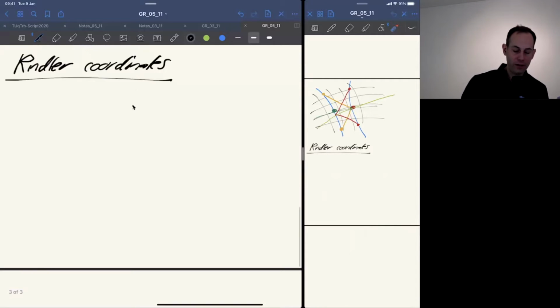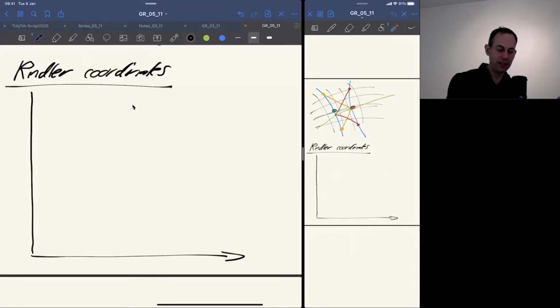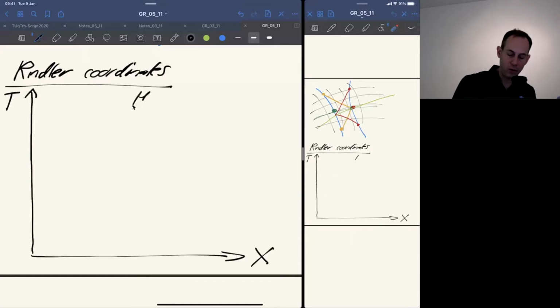So as I said, we are in flat space-time now, or back in flat space-time. In particular, as we have seen last time, we have a nice coordinate system, namely the Minkowski coordinates. For the moment, I will indicate the coordinates with respect to the Minkowski coordinate system as capital T and capital X and so on.